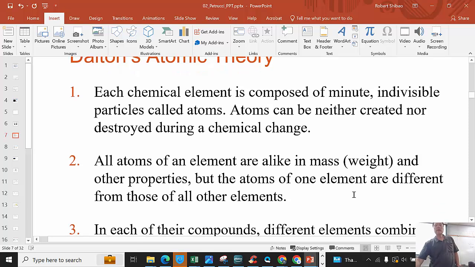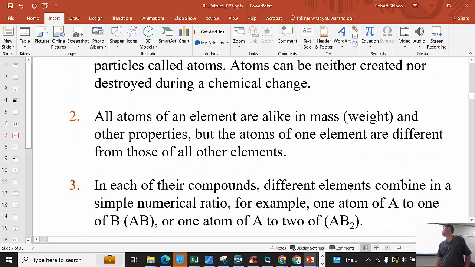2, all atoms of an element are alike in mass. Well, this is Dalton's. This is not true anymore because we know of isotopes. So, for example, if you drink water, do all the water molecules in a glass of water weigh the same amount?